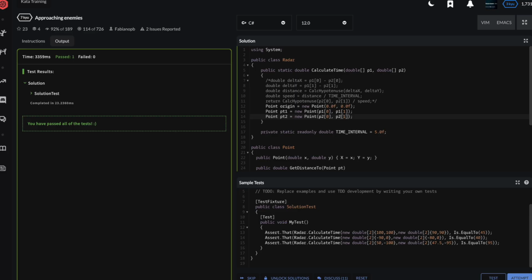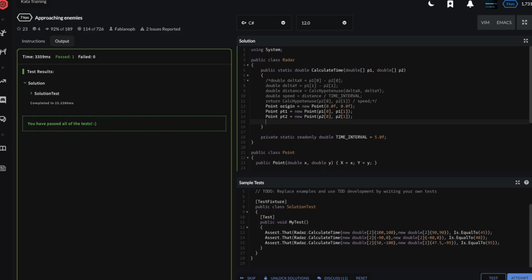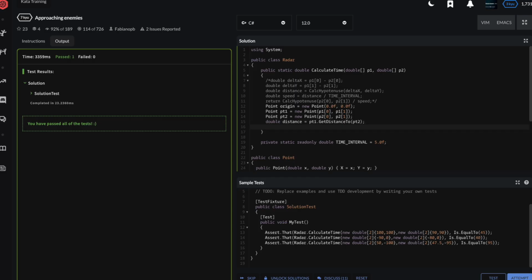Good. So now, when we want to get the distance like we did before, you could say double distance equals point1.getDistanceTo(point2), right? When you look at this code, it's more clear what it's doing. It's more expressive, readable, maintainable.